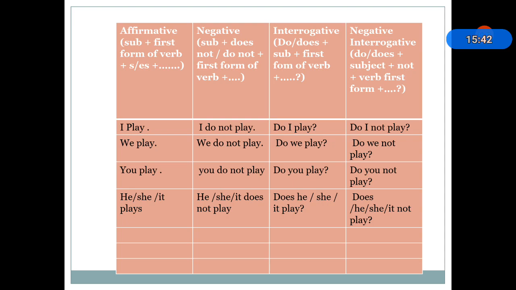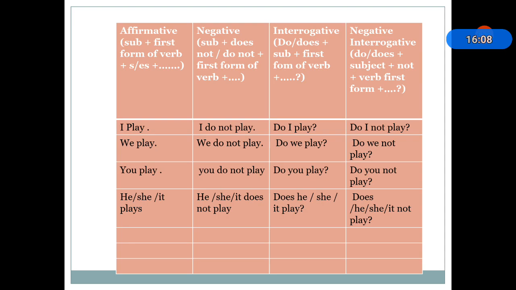Now negative interrogative, that is the negative question. The rule for this is do/does plus subject plus not plus verb first form plus object and the question mark. Example: do I not play? Do we not play? Do you not play?